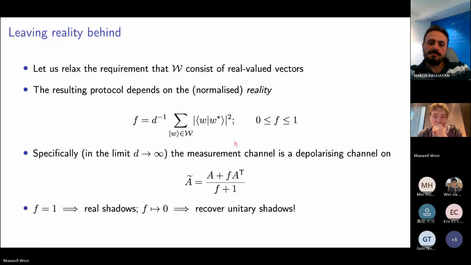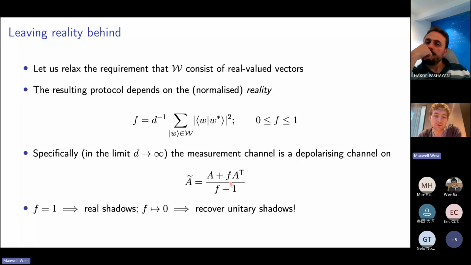And then if you go through, now the calculus is a bit yuckier, but you can go along, and you find that you get a depolarizing channel on this now general linear combination of A and A transpose. So if f equals 1, like in the real shadows case, this is just A plus A transpose over 2, which is what we got before.